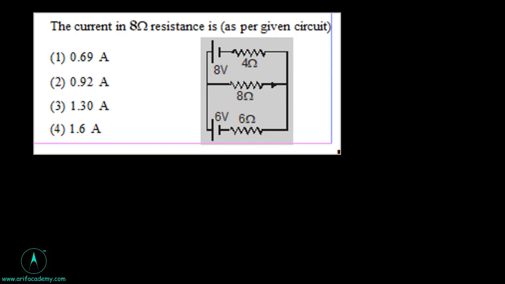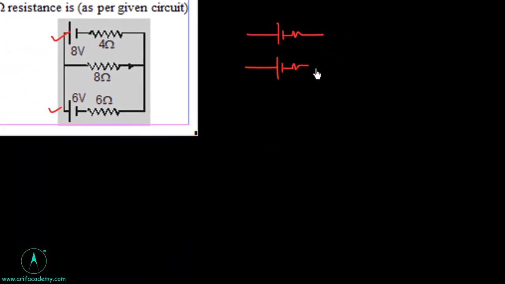So we have to find the current through the 10 ohm resistor. We have these two cells and these are in parallel, so I can redraw this as two cells in parallel and the load resistor 8 ohm. So the cells are in parallel, so this is 8 volt and this is 6 volt, and internal resistances are 4 ohm and 6 ohm.